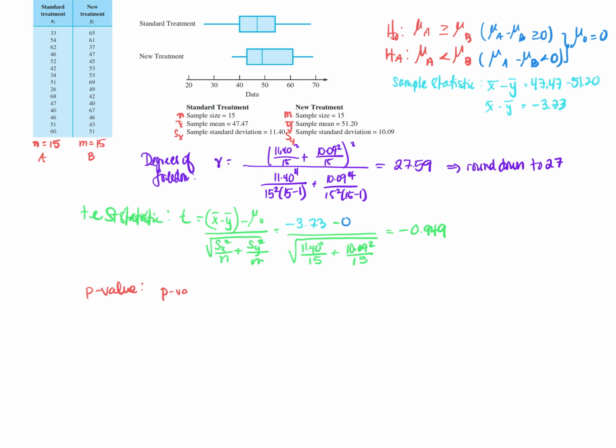Our p-value is the probability that t, with 27 degrees of freedom, is less than negative 0.949. So when we do that, we need to do our t.dist, and we need to do our negative 0.949, and our degrees of freedom is 27, and it is true. So we end up finding out that we get 0.175.